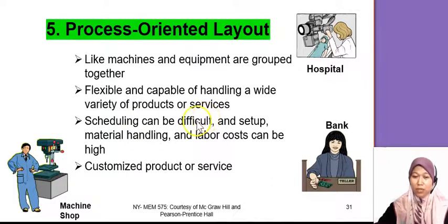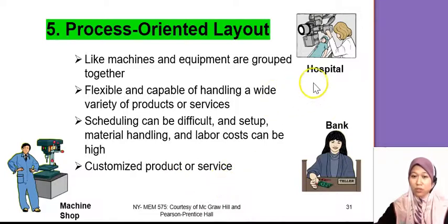It's flexible. If you go to the hospital, after the doctor diagnoses, sometimes you need to go to X-ray, but sometimes you just need to go to another department. So it's hard to know where the next process is going to be, and it's a very customized product or service.